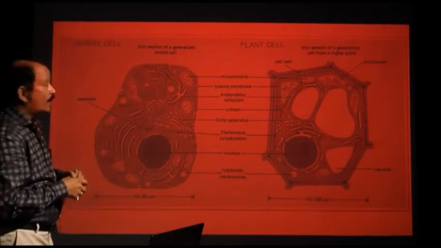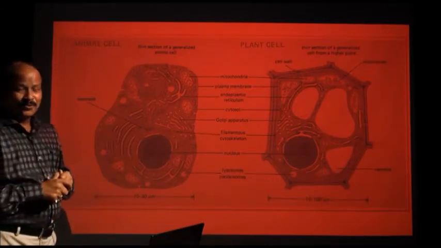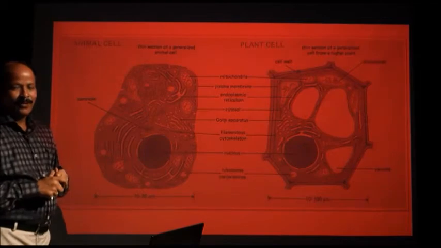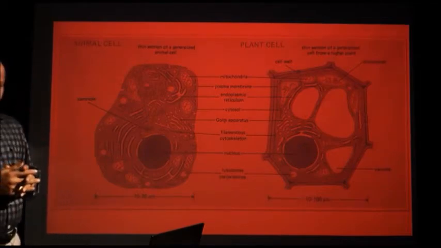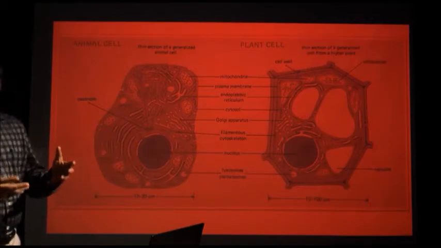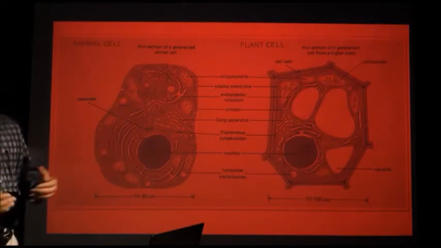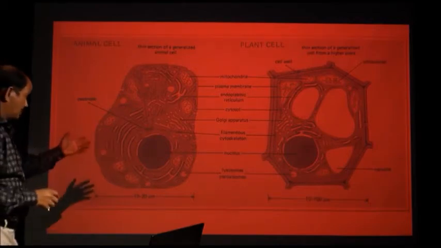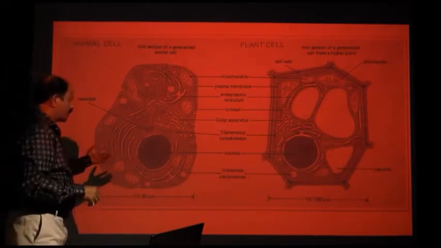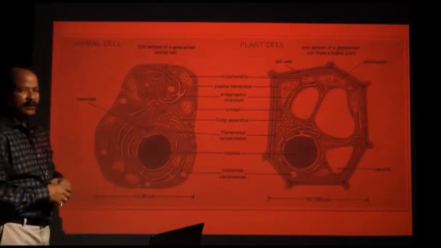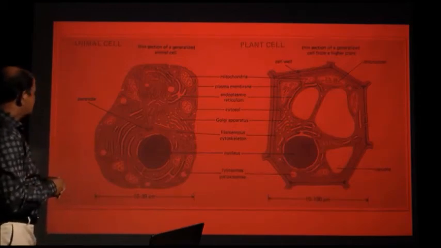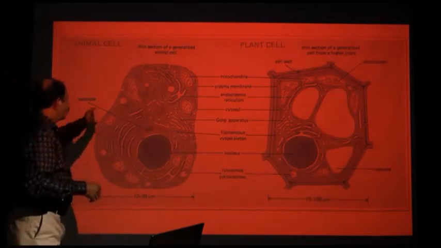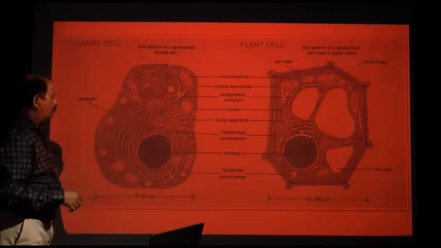Now what does this slide display? This slide displays the major differences between plant and animal cells. The left one is an animal cell, the right one is a plant cell. The left one, as you see, is of irregular shape, right?